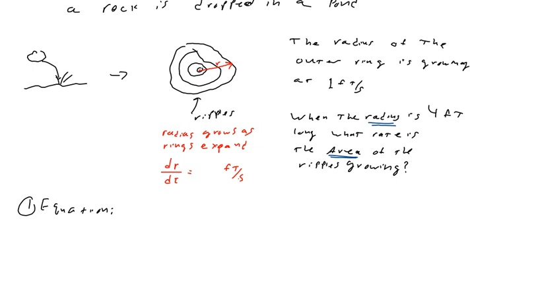What equation might we use when doing this problem? We want to know the area of these rings on the surface of the water. What equation of area might we use? Who's got an idea?